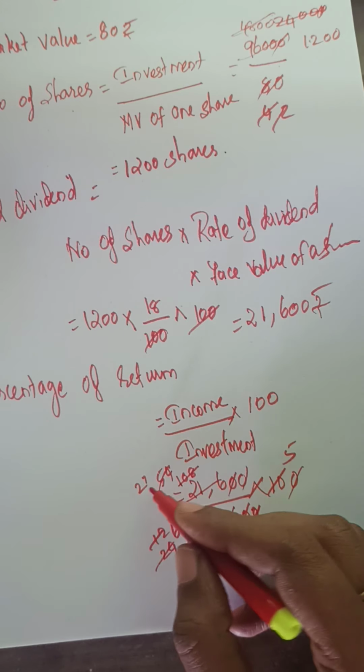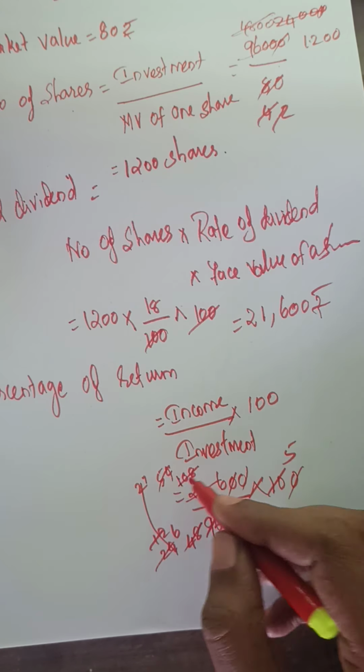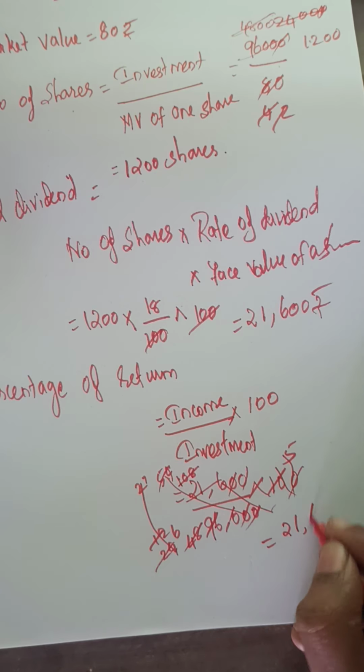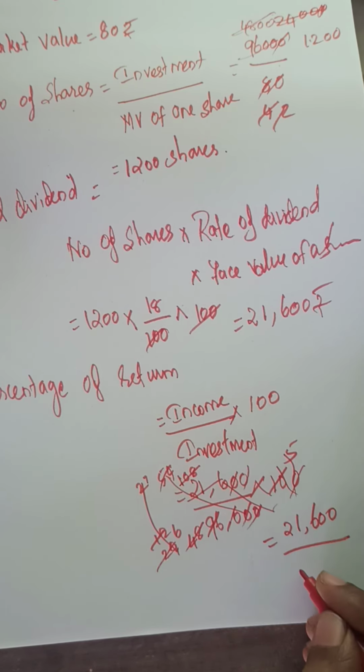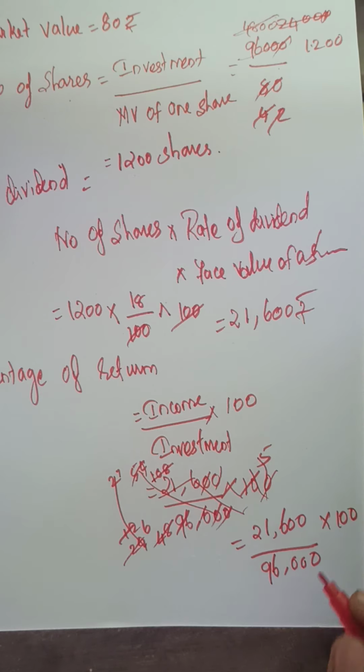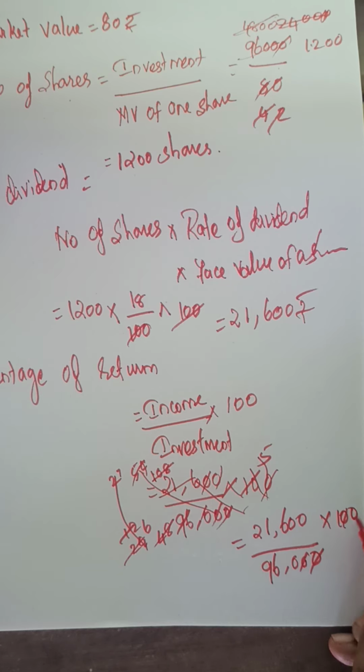Okay, if you multiply, you will split. I have divided wrongly. So 21,600 divided by 96,000 into 100. Divide, 20 cancel, here 20 cancel. Here 10 cancel, here 10 cancel.